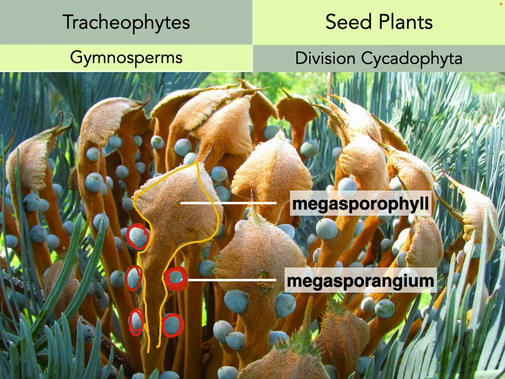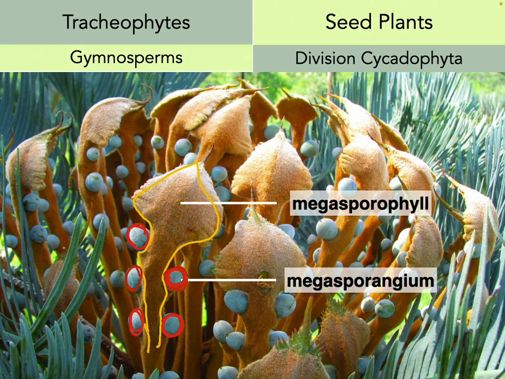This is actually from the same species, but male and female look different, on separate plants of the same species. Male in one place, female in the other place, and they produce different types of cone. All the cycads have separate male and female on separate plants.